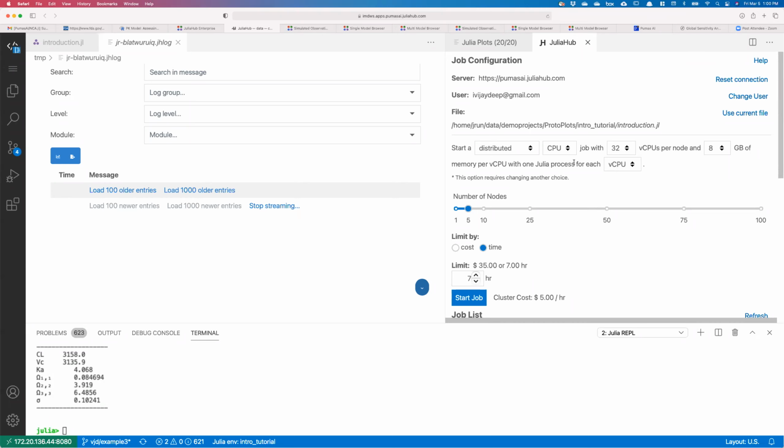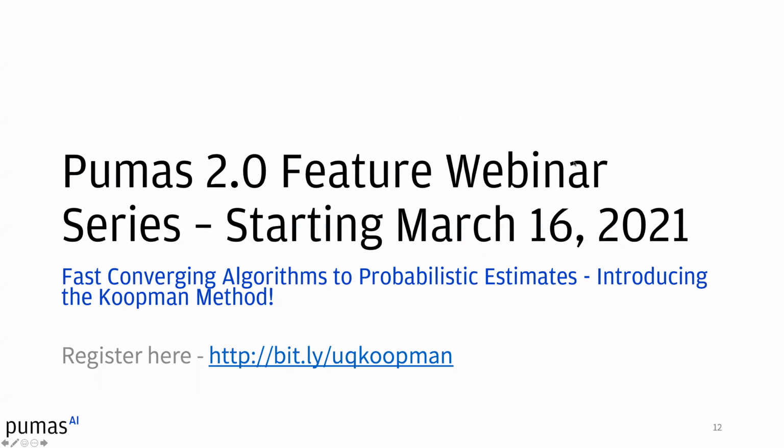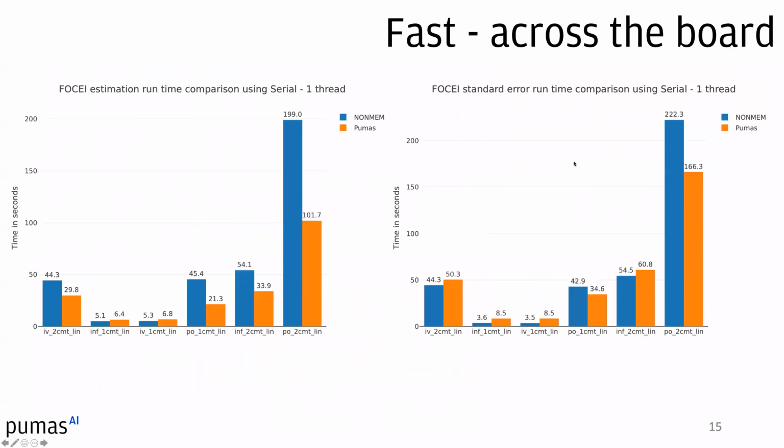I was wondering if there are any processing time differences from the fact that you built on top of Julia, or what were the decisions to build on top of Julia?